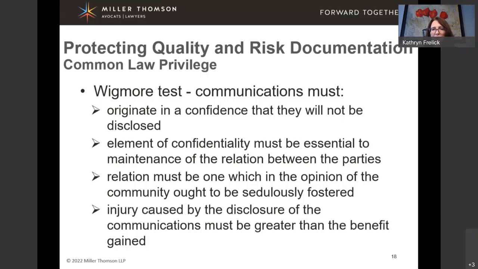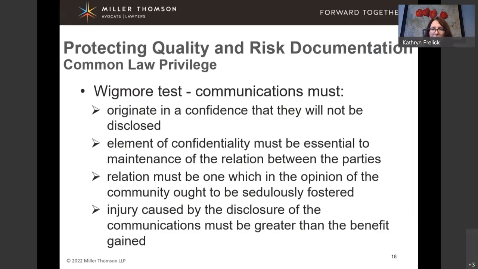That element of confidentiality has to be essential to the parties, and there has to be some public policy purpose or opinion of the community that this is something that must be protected and fostered.